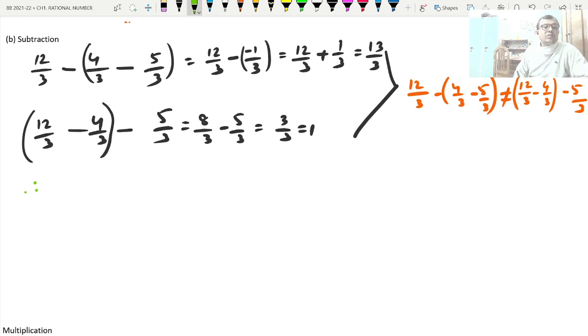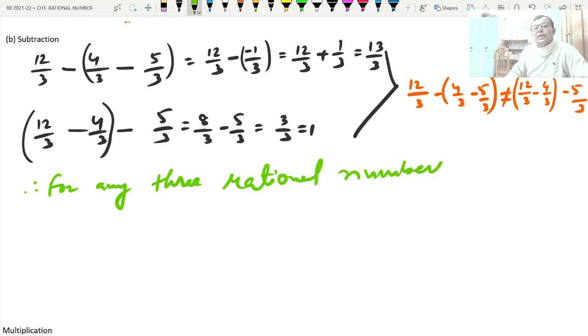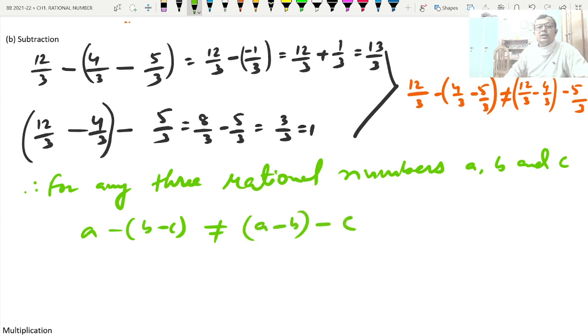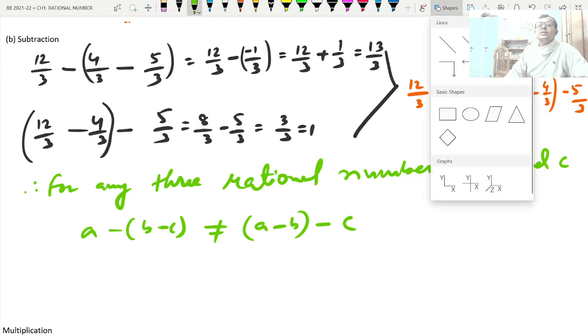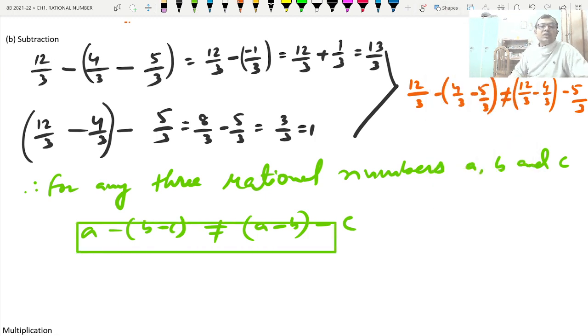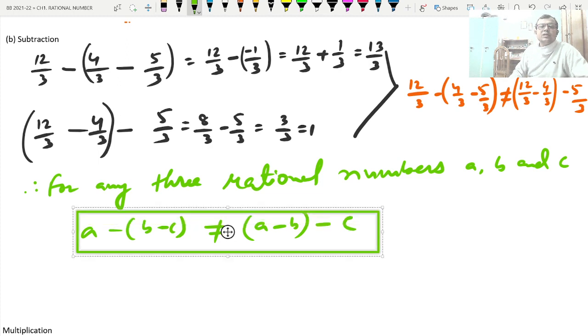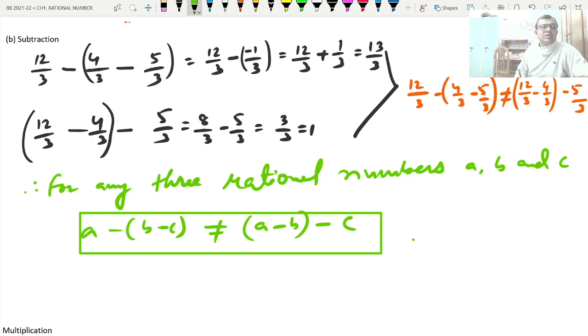Therefore, for any three rational numbers A, B, and C, A minus B minus C is not equal to A minus B minus C with the bracket moved. These are not equal.